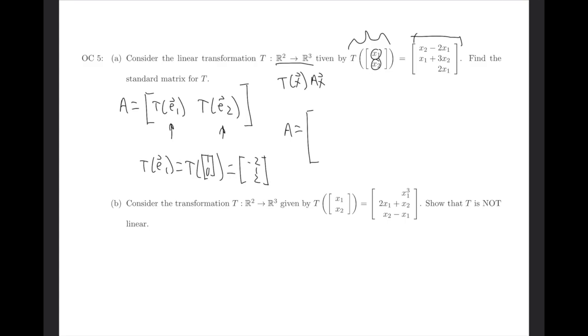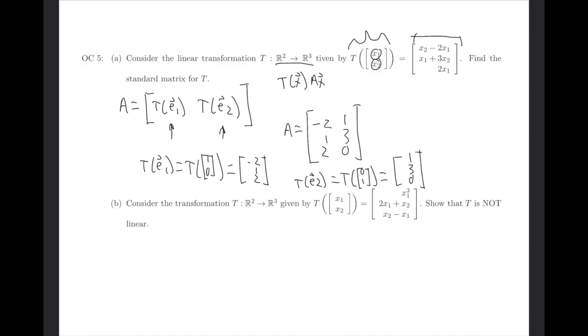So you just put in that as the first column: 2, 1, 2. And then the second column is T of E2. T of E2 equals T of (0, 1) equals (1, 3, 0).